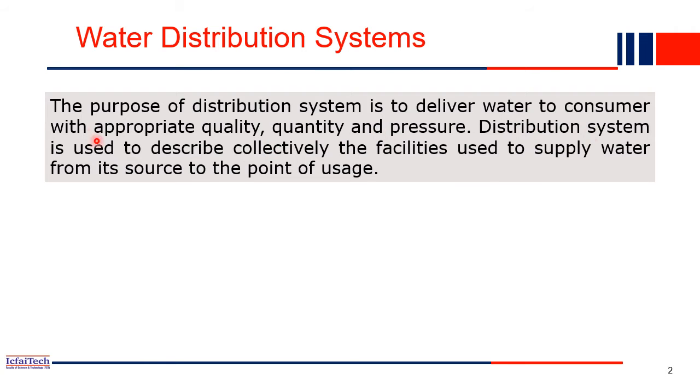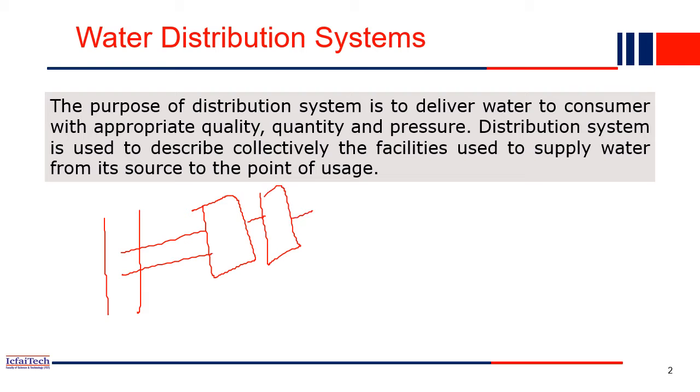Now the distribution system is used to describe collectively the facilities used to supply water from its source to the point of usage. So the entire water distribution system does not only start from collection of water from the raw water source; it then comes to the water treatment plant, passes through the different units, and ultimately is distributed to the household.